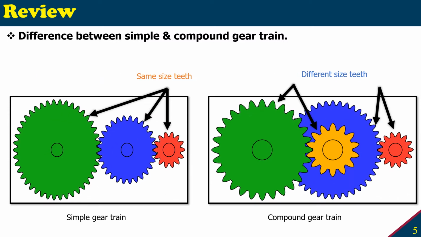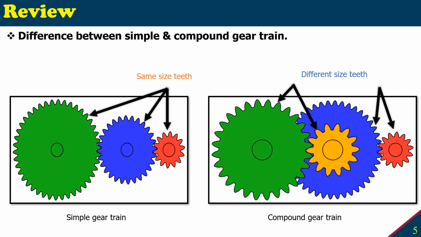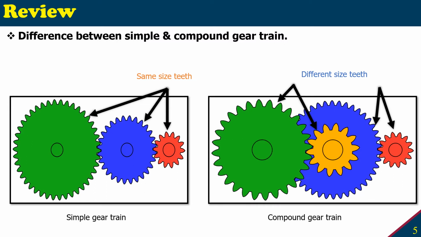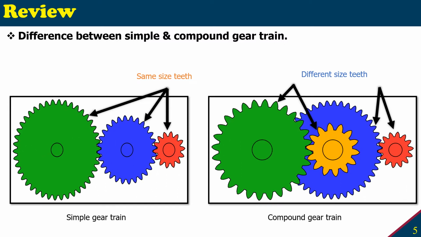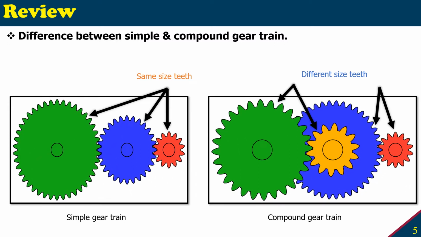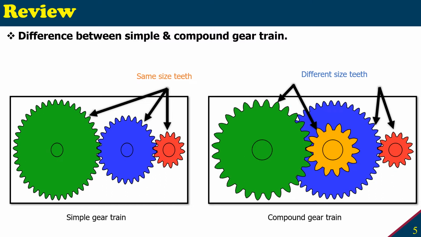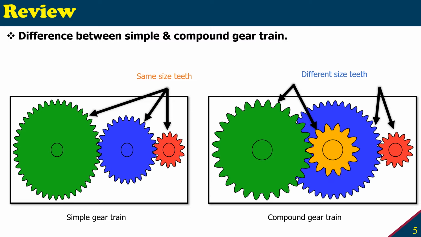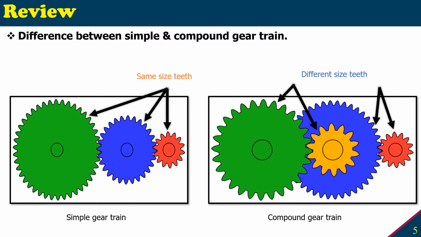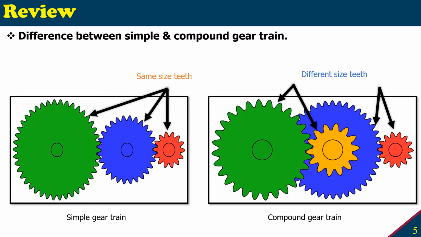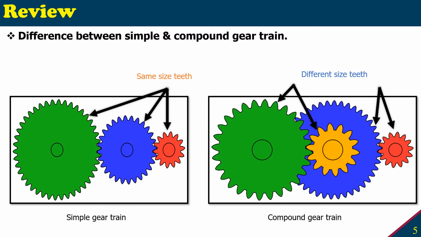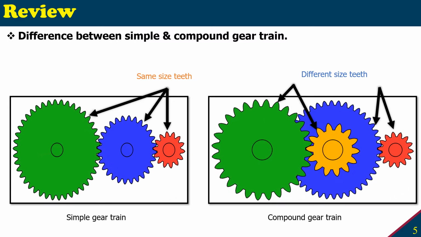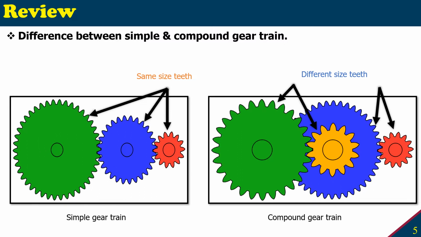Another difference from simple to compound is that for simple gear train, the size of the teeth has to be the same because they are mating with each other, and there is only one gear per shaft. On the other hand, for the compound gear train, since one shaft has multiple gears, those multiple gears on one shaft can have different teeth size.